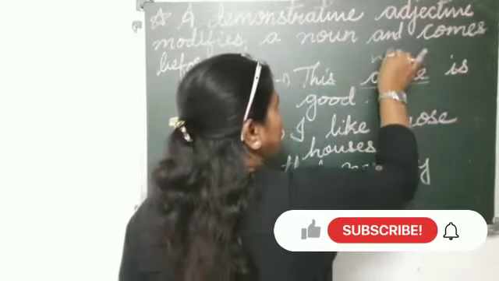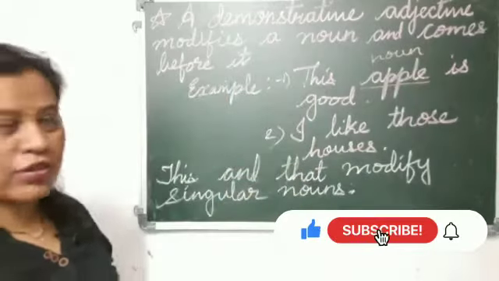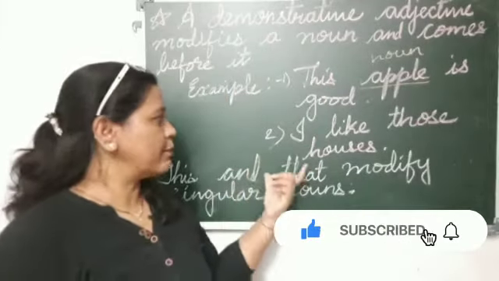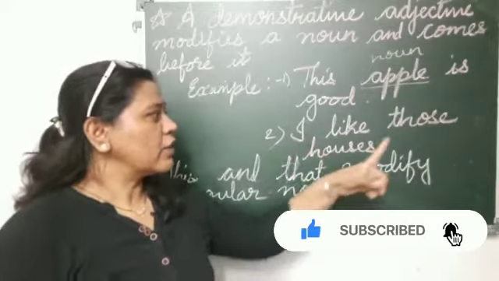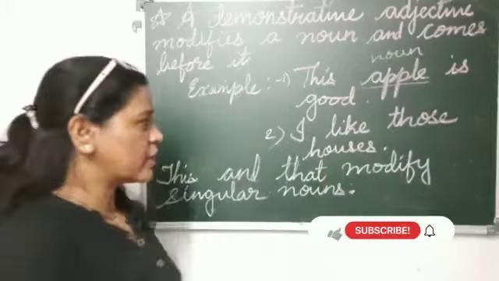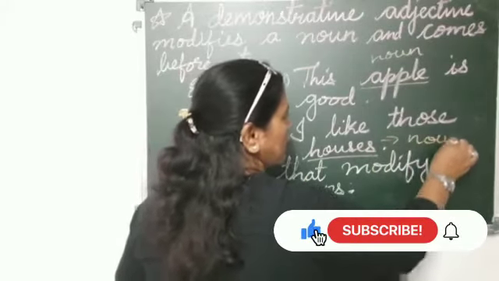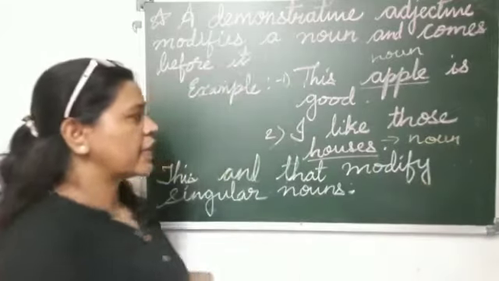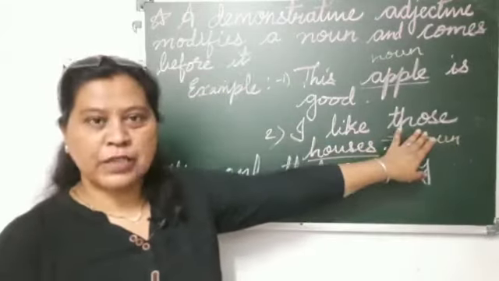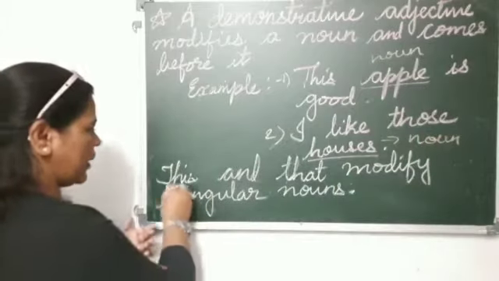Here apple is a noun, and before the noun we have this. The second example: I like those houses. Here houses is a noun, so before the noun we have a demonstrative word.